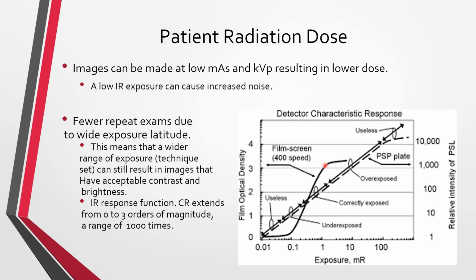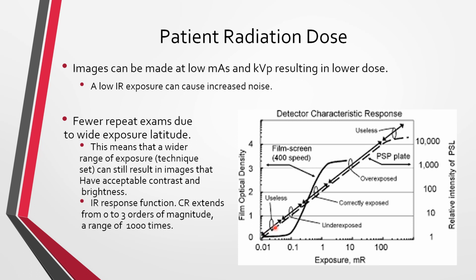Everything here just becomes completely dark because it's being overexposed. All the anatomy would become completely dark. Right here, all the anatomy would be completely white. So the acceptable range of exposure is only from about here to here. That's about 10 orders of magnitude, 0.1 to 1 for this example on this graph.